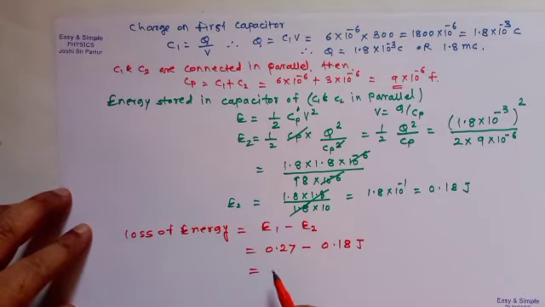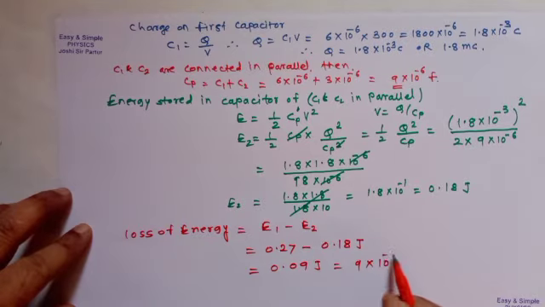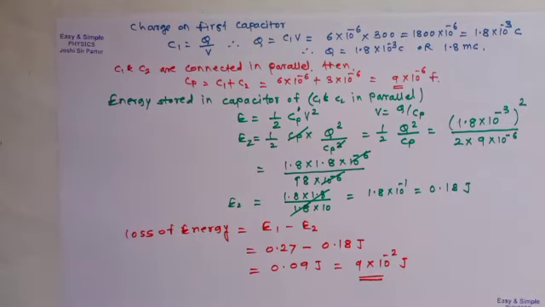So it is 0.09 joule, which is 9 into 10 raised to minus 2 joule. That is the energy lost in the form of heat and radiation.